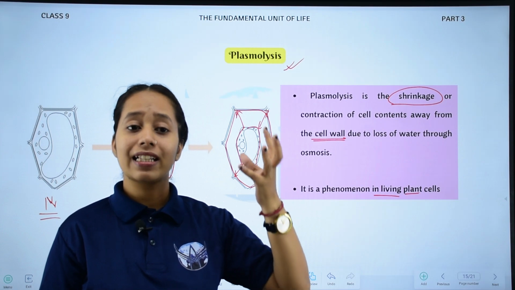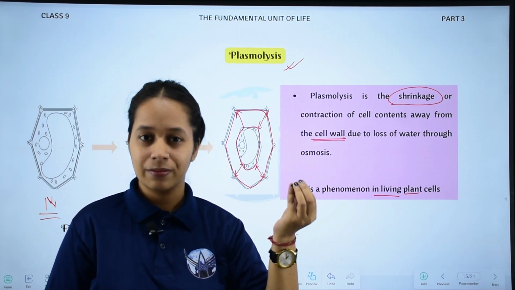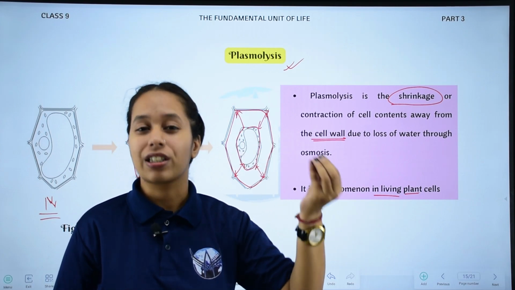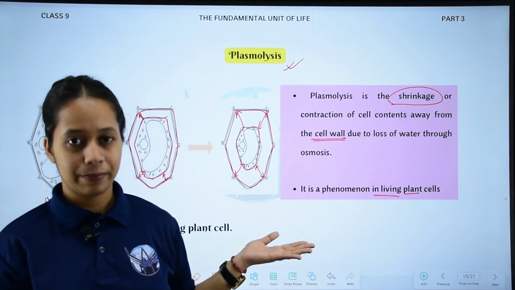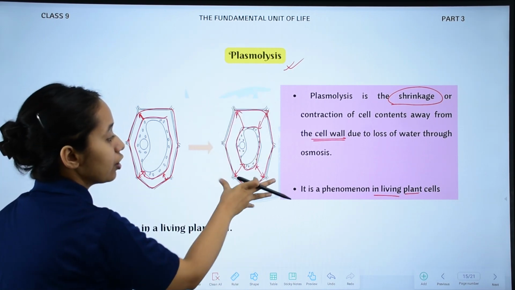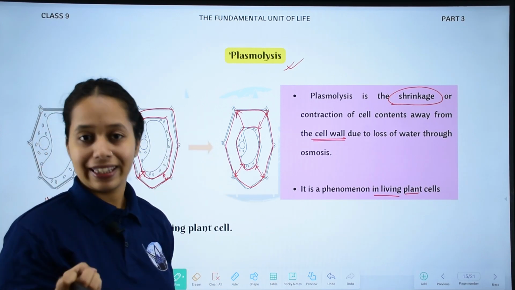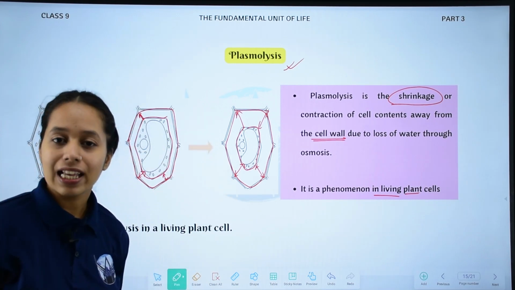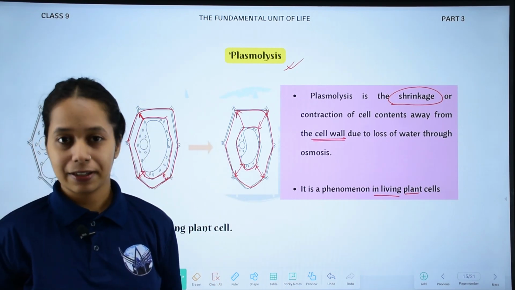If a plant cell shrinks too much, it will lose its structure. But the cell wall will prevent this from happening. You see, the cell is shrinking, but the overall structure of the cell is still intact. The cell wall is helping keep the structure intact.